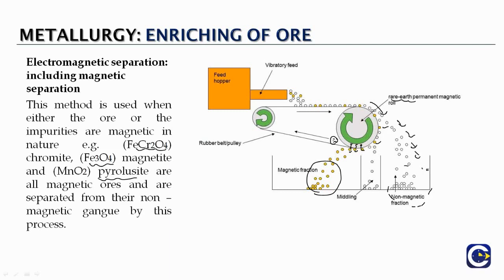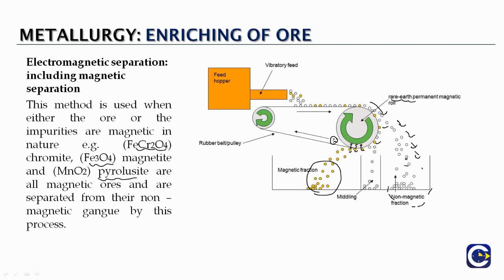Now, using specific collection chambers, we will be able to collect these particles. And the idea that is used over here is if the ore particles have magnetic properties and the gangue particles are non-magnetic, then we will be able to deploy this method to separate the ore particles from the gangue.